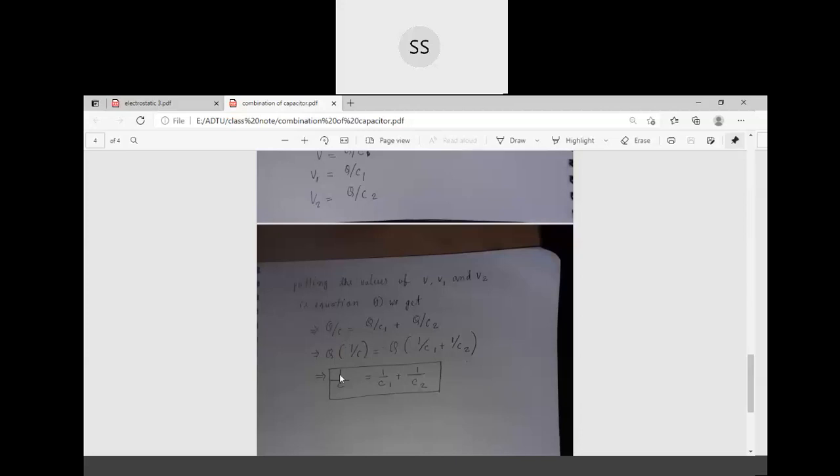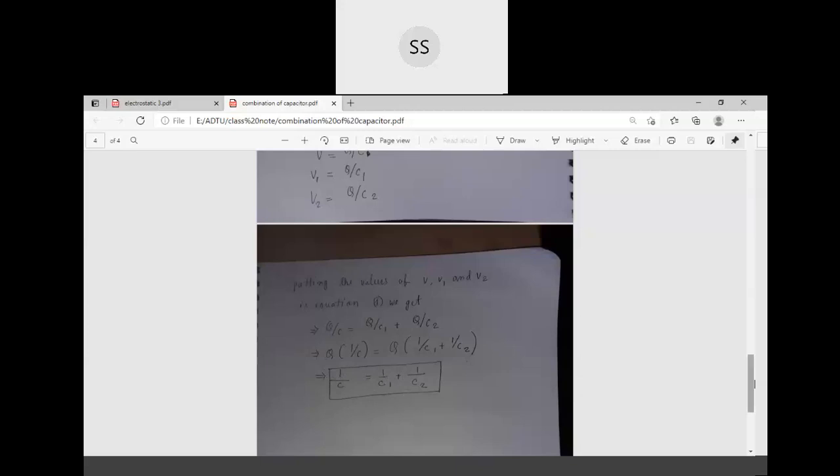So when the capacitors are in series, the reciprocal of the total capacitance, or reciprocal of the equivalent capacitance, reciprocal meaning 1 by C, is equal to the sum of the reciprocals of each capacitance.